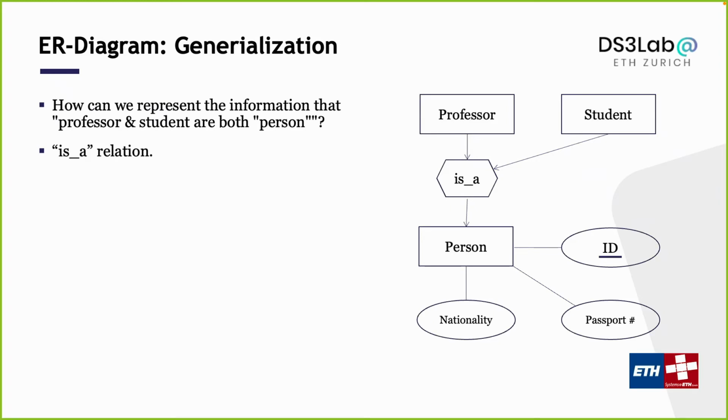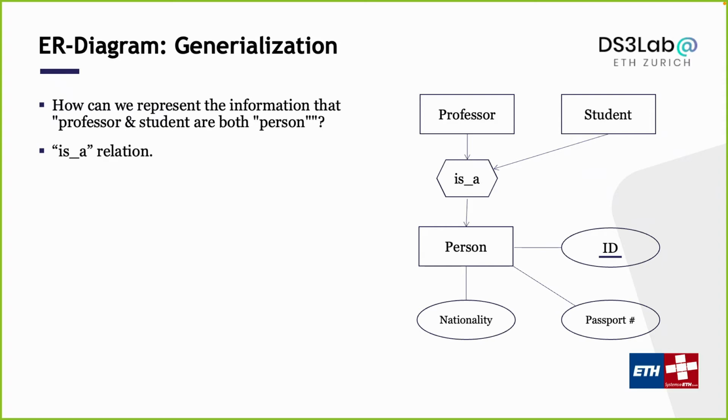So that's the relationship with that very beautiful hexagon there, right? To really specify this spatial relationship between those entity sets, essentially here you have this person entity set, and then you have professor and students.